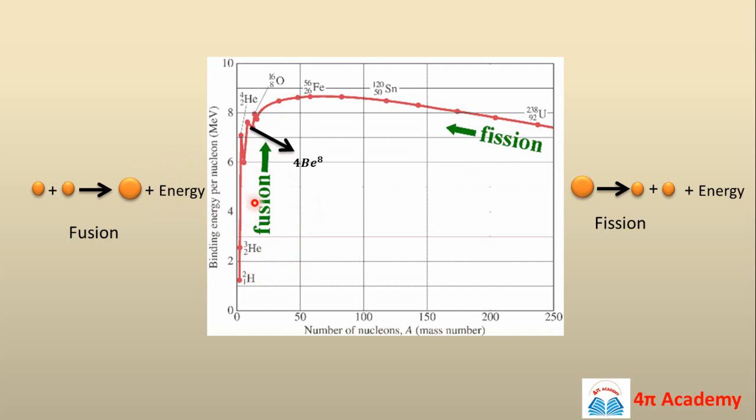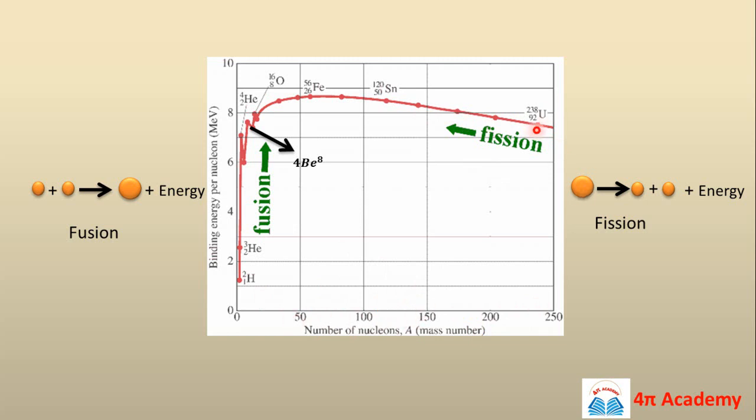Another thing: if a heavy nucleus like uranium-238, and heavy nuclei are basically unstable, converts into two intermediate nuclei, then in this intermediate range, as we have already discussed, the binding energy is nearly constant, and the binding energy per nucleon for A greater than 180 is smaller than in this intermediate range.